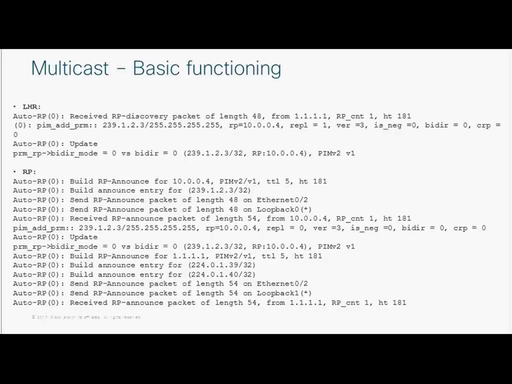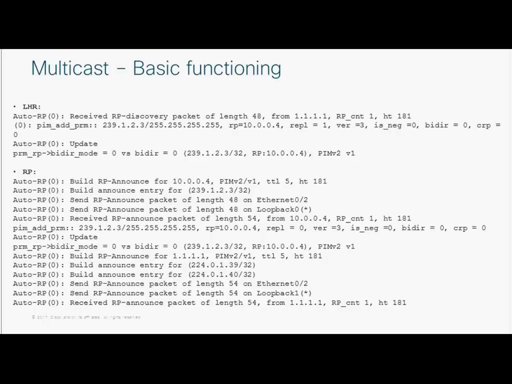In this case, the last hop router is receiving that state from the auto RP discovery. So when we see the auto RP states, we can see here that we are announcing the 10.0.0.4 as the RP for the group 239.1.2.3, which is the packet that we saw before.